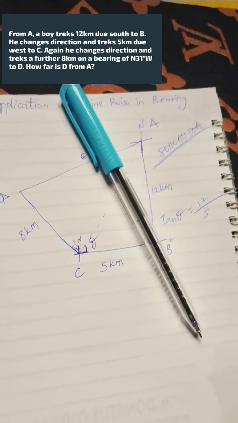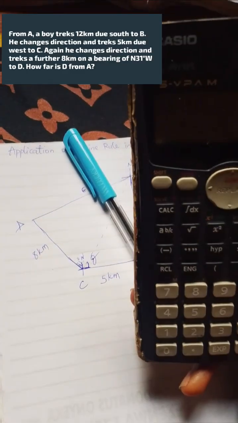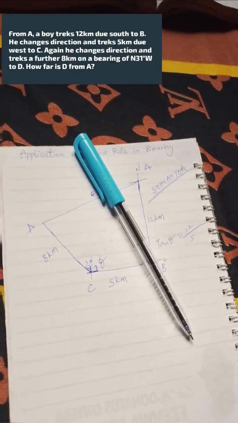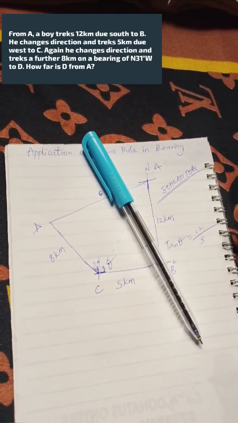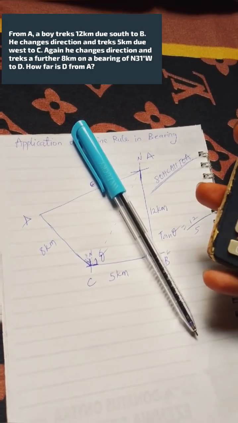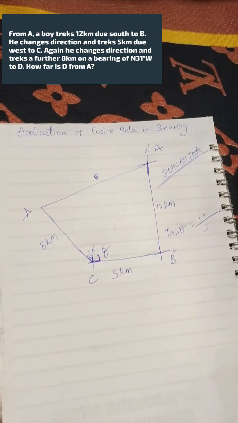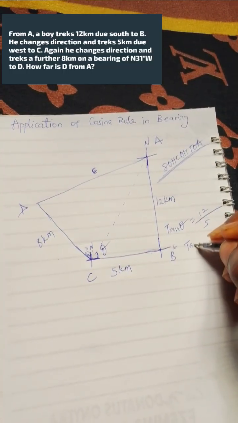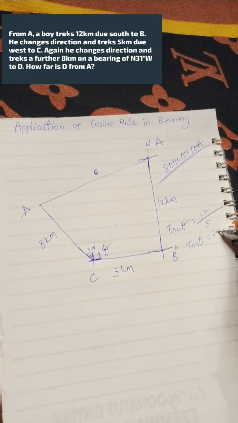Using my calculator, 12 divided by 5 gives me 2.4. So tan theta is equal to 2.4.